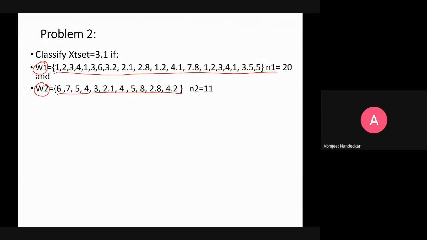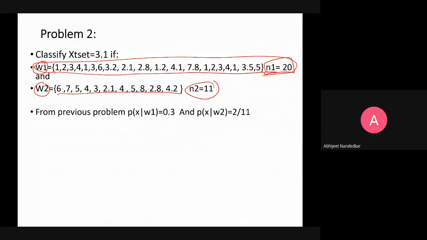The count for omega 1 samples is 20 and the count for omega 2 samples is 11. This is the same as the previous problem, the only thing is that I am giving you the list of omega 2. And the task is to classify x test 3.1 using the Parzen window method.